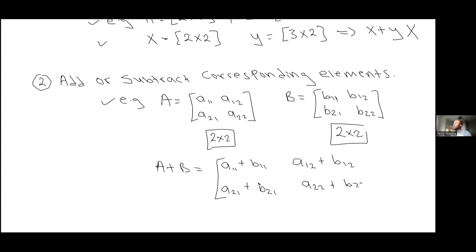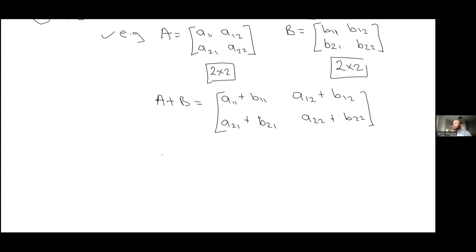Similarly, when you're subtracting, A minus B, it's the same thing, only the corresponding elements. It's going to be A11 minus B11, then A12 minus B12, then A21 minus B21, and A22 minus B22.